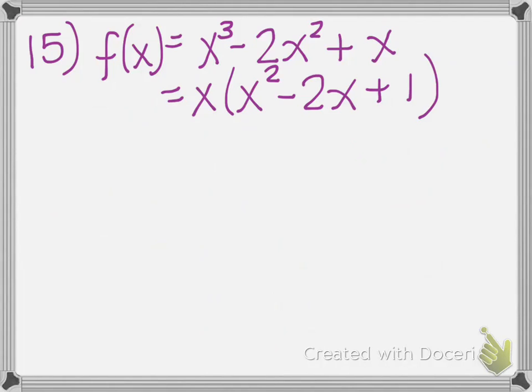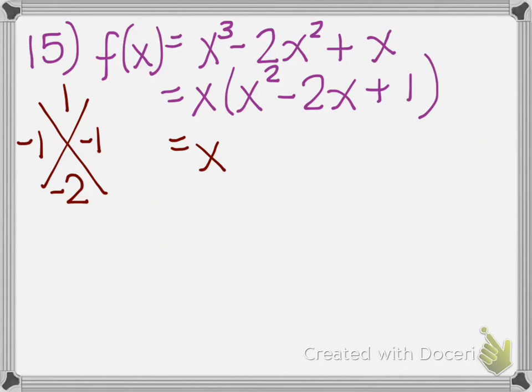That trinomial is factorable. Let me do some diamonding on the side here. I've got a positive 1 on top, a negative 2 on the bottom, so the only way two numbers can multiply to a 1 and add up to a negative 2 is a negative 1, negative 1. So the factors are x minus 1, x minus 1.